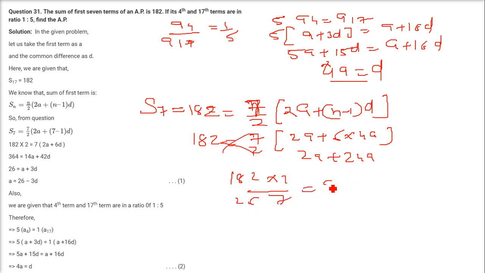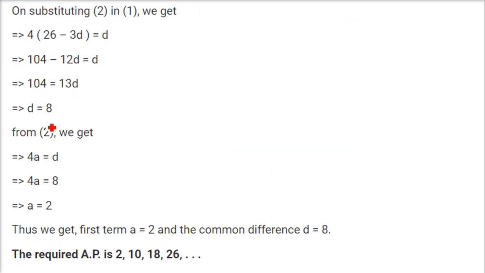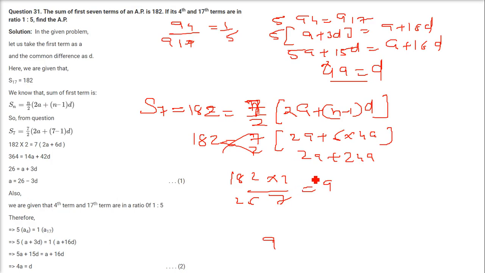So I'm bringing it down. a will be 2 here, right? If you want to check, this is 26, so this is 13. 13 into 7 is 91, and 91 into 2 is 182.